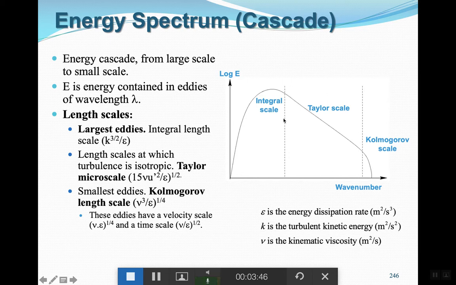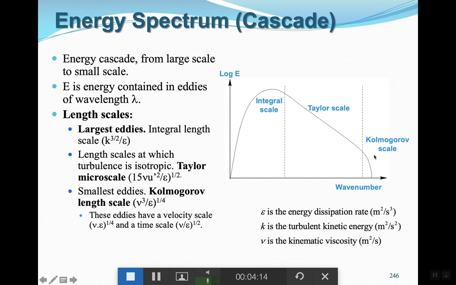So, integral scale are the large eddies, Taylor scale are the medium eddies, and Kolmogorov scale are the small eddies. And this is how the energy is being distributed in here. Most of the energy, of course, is in large eddies, and Taylor scales have less amount of energy.